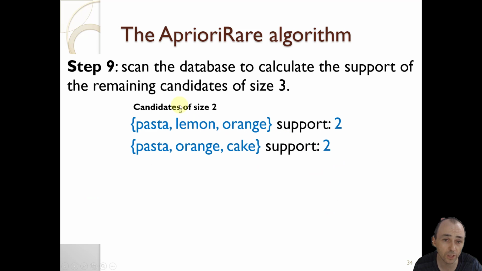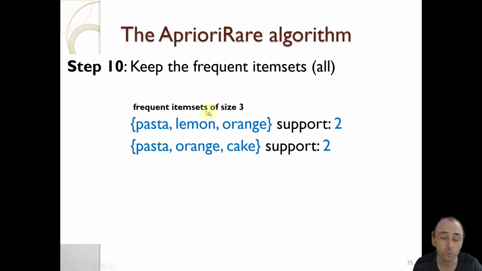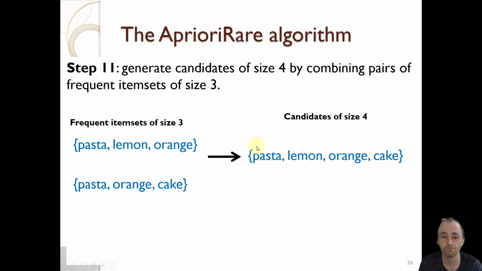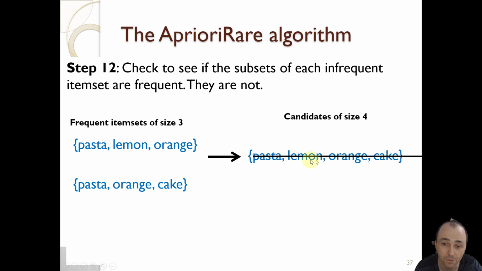So what will we do next? We will keep the frequent item sets. Here there are only 2: pasta lemon orange and pasta orange cake. From these frequent item sets of size 3, we combine them together to make item sets of size 4, like Apriori.